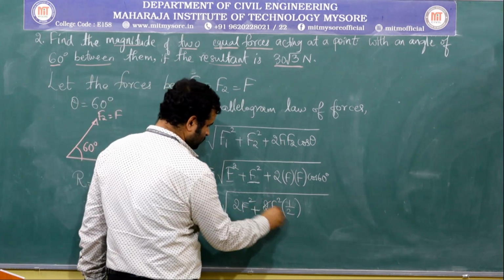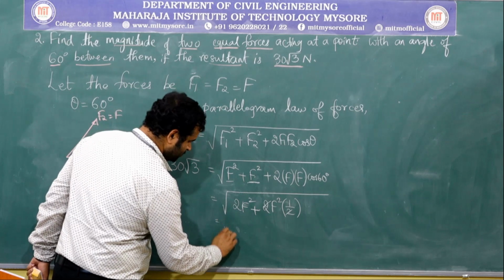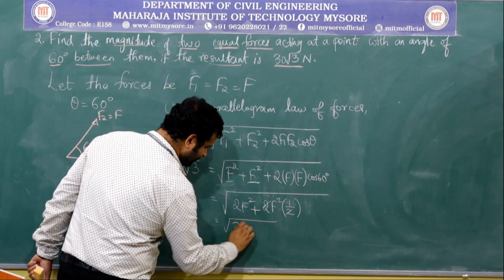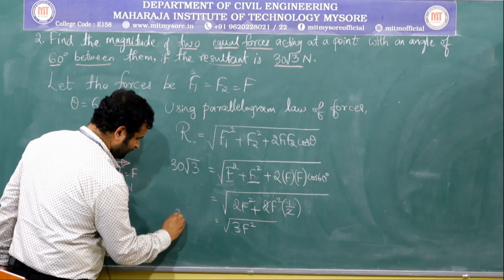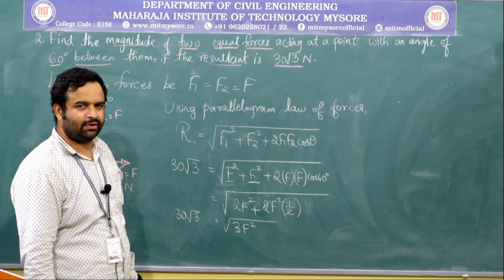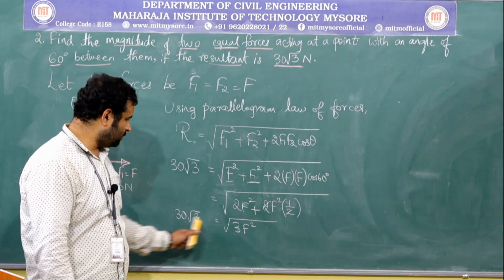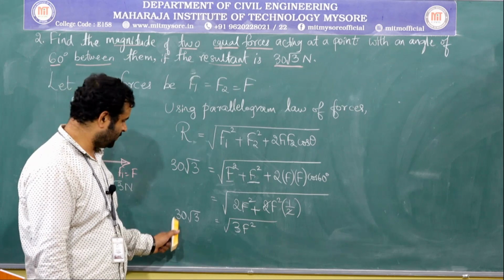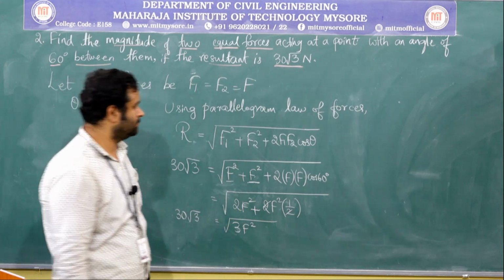So, this 2 and this 2 get cancelled, we remain with square root of 3 F square. Here we have 30 root 3. Now, what can we do? We can square on both the sides, we can cancel this square root.